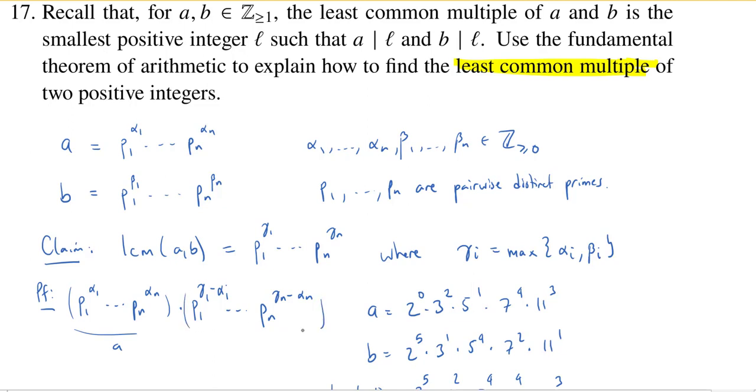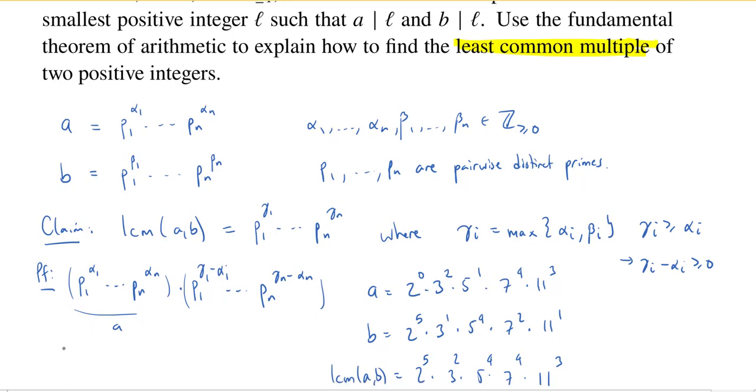And the important thing here is, because I know that gamma I is always greater than or equal to alpha I, because it's the bigger of these two numbers, then these exponents are always going to be at least 0. So this tells you gamma I minus alpha I is always at least 0. So I'm really multiplying by an integer.